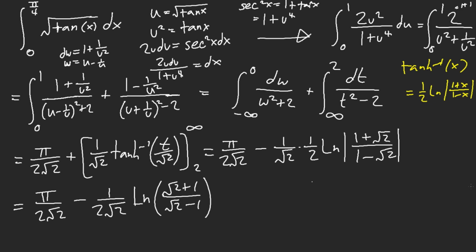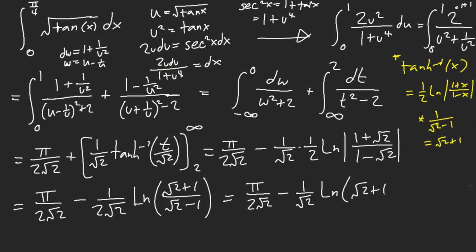And note that 1 over root 2 minus 1 is equal to root 2 plus 1 if you conjugate it. So we actually have a square, and that square cancels out this 2. So our actual answer is pi over 2 root 2 minus 1 over root 2 ln of square root of 2 plus 1. Okay?